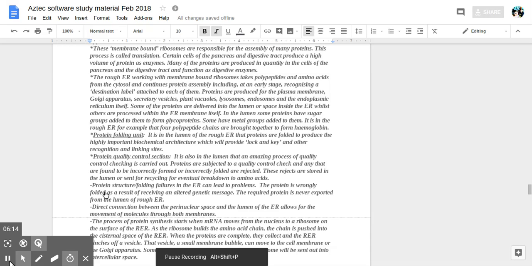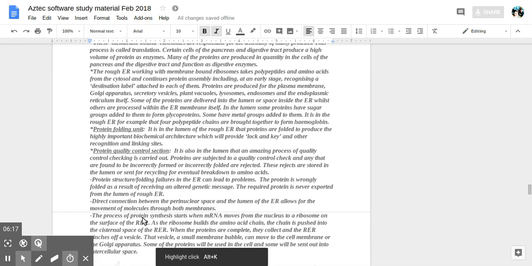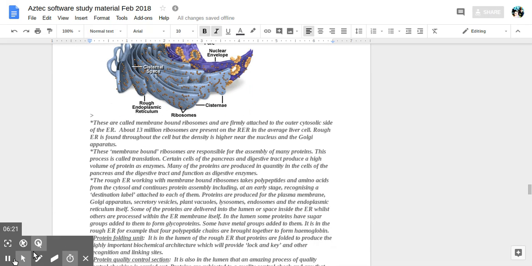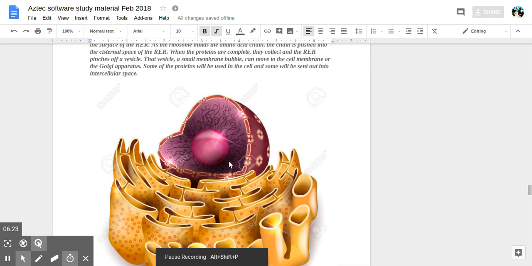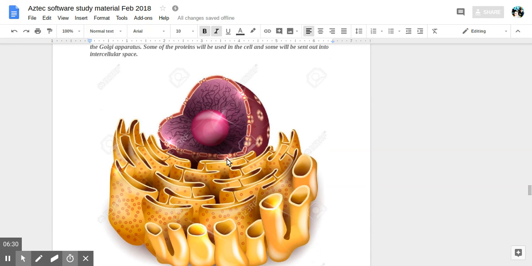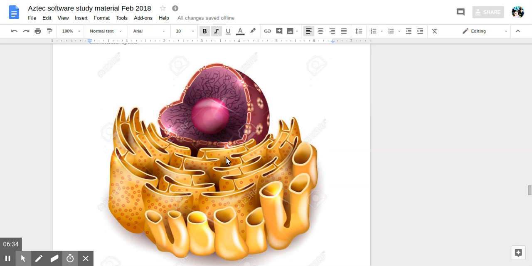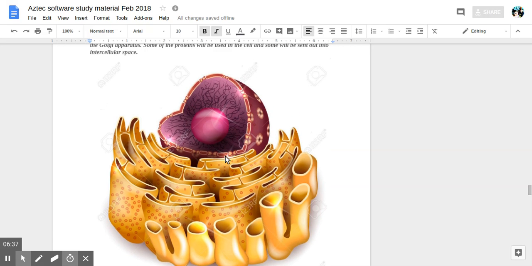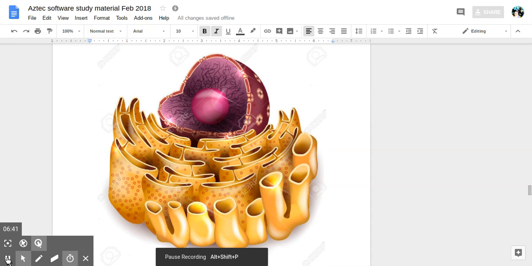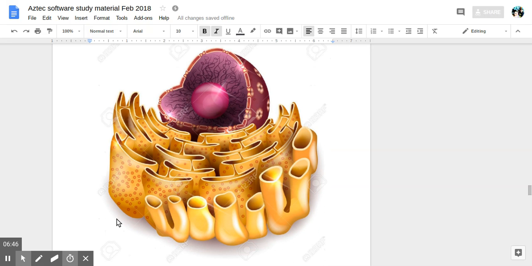So the RER takes the proteins in the vesicle. The vesicle, which is a small membrane bubble, moves to the cell membrane or to the Golgi apparatus. Some proteins are used in the cell, some are sent out into the intercellular space, which is the space between cells, on the outside of cells.